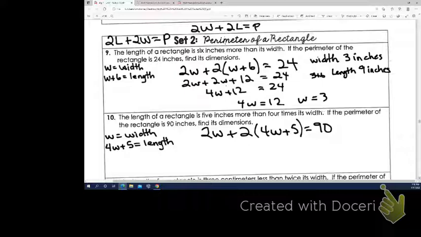And then final answers here. So if you work those out, if you want to test yourself to see how you're doing, final answers: 8 inches and 37 inches.